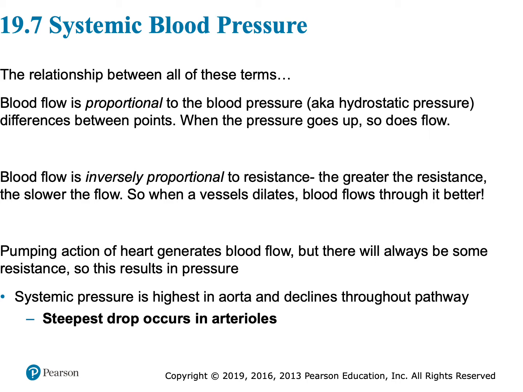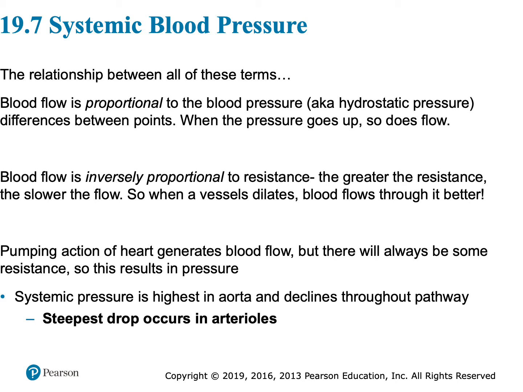That pounding pressure between two different points on a vessel, say the difference between the pressure of your femoral artery and your anterior tibial artery. There's a difference in pressure. When pressure goes up, flow is going to go up. If you exercise, maybe we get an increase in pressure, and we get an increase in blood flow.